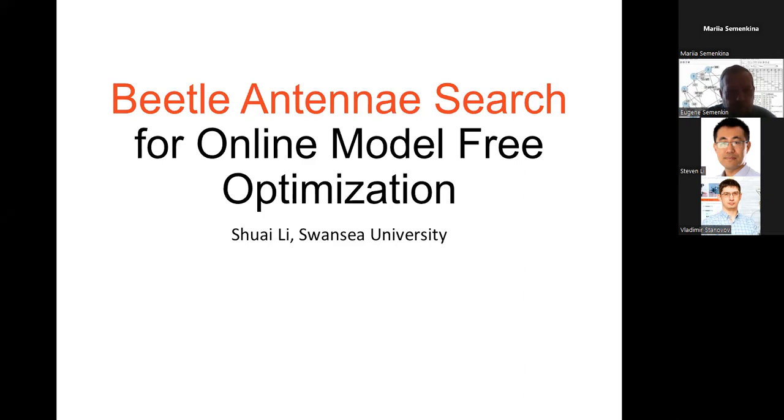This algorithm is something like particle swarm optimization, also like genetic algorithm, which is purely data-driven and model-free. But the difference for Beetle antenna search is that it is really fast.